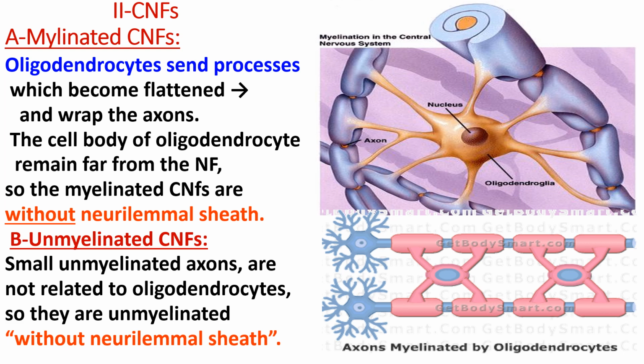The third difference is that oligodendrocytes can myelinate more than one nerve fiber at the same time, because the cell body is far from the nerve fiber. We have three differences between myelination in central and peripheral nervous system.